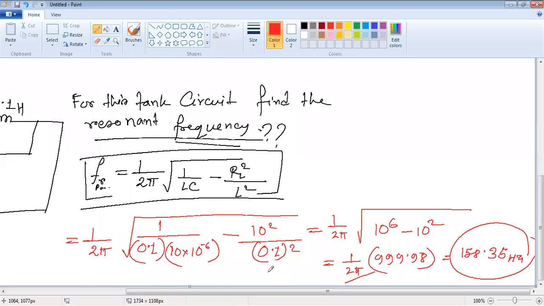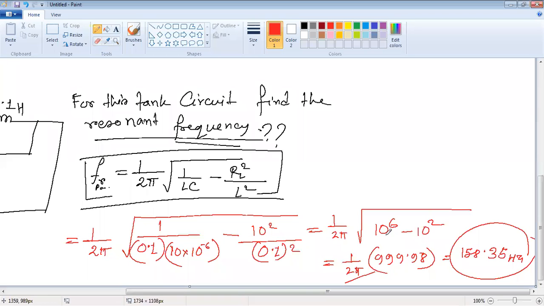Okay, so this is more or less about the parallel RLC circuit and series RLC circuit. Sir, there is root under 10 to the power 6 minus 10 to the power 4, I think. Yeah. No, sir. After that, equal to 1 by 2.